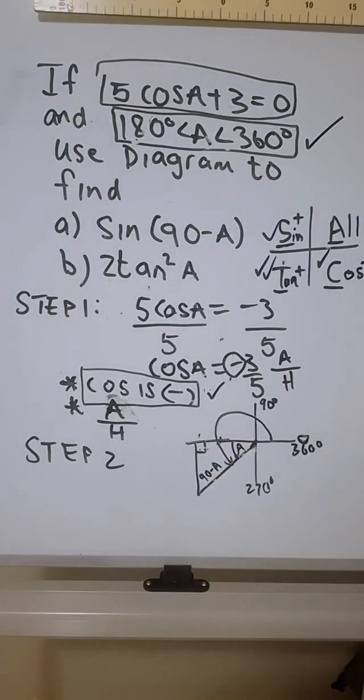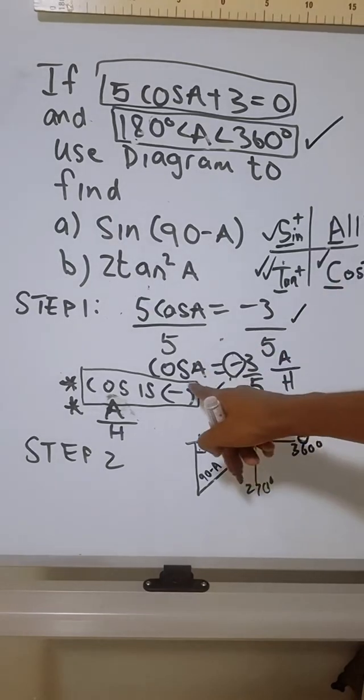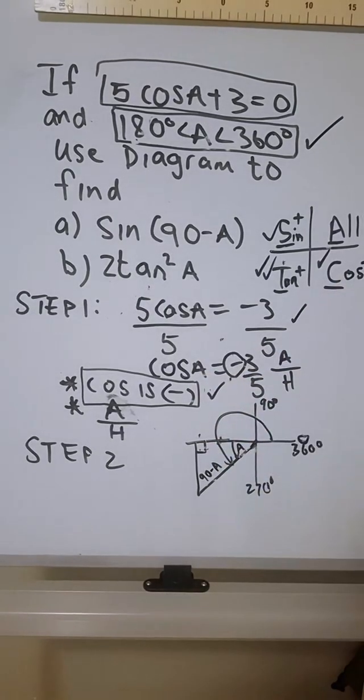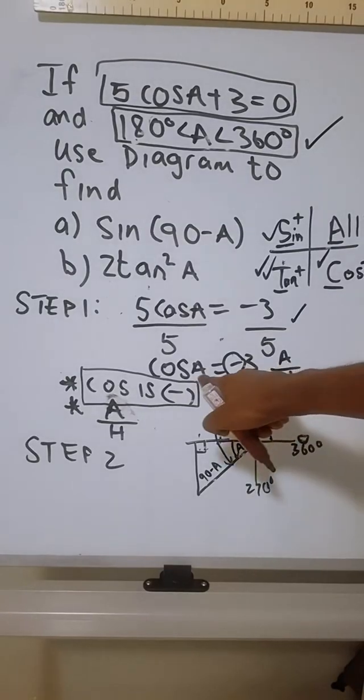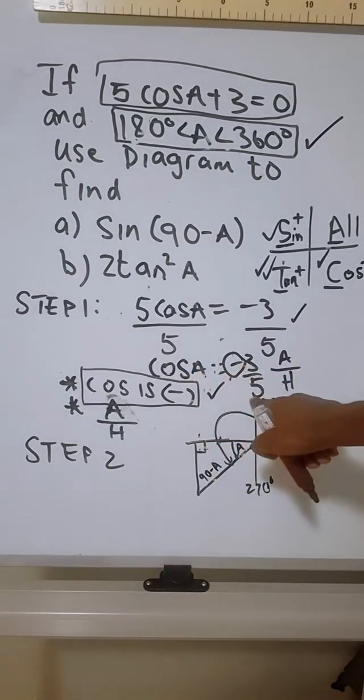Okay, now we are not done. We then go back to our trig ratio, this one. Remember, this was cos A is equal to negative 3 over 5. We are saying cos of angle A is equal to negative 3 over 5.